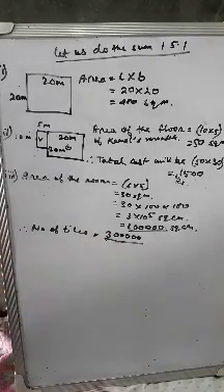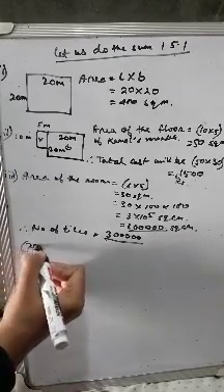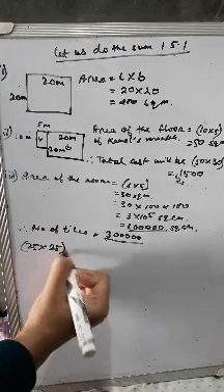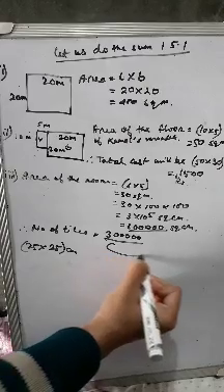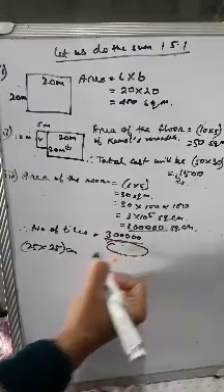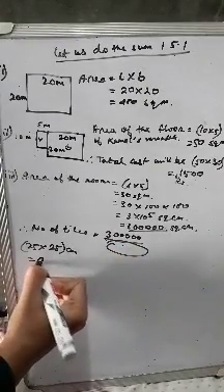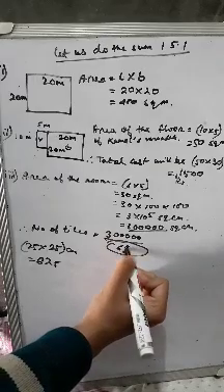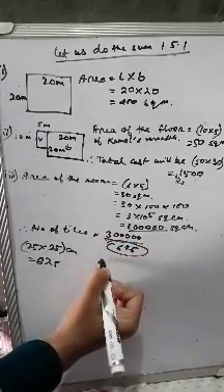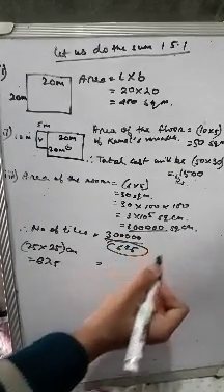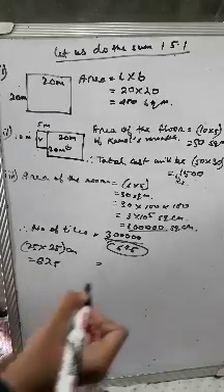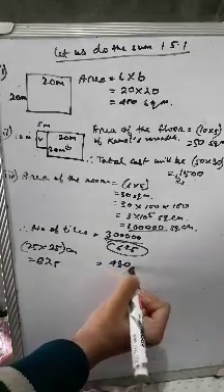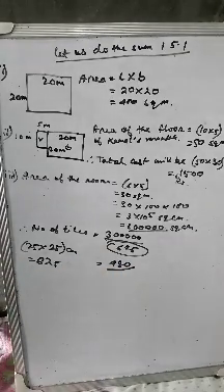See, the size of the tile is given, that is 25 centimeter into 25 centimeter. So I should divide by the area of the tile, that means 25 square, which is 625. That means 3 into 10 to the power 5 divided by 625 will come to 480. That means this is the required number of tiles.